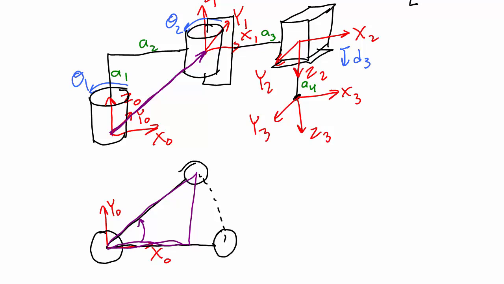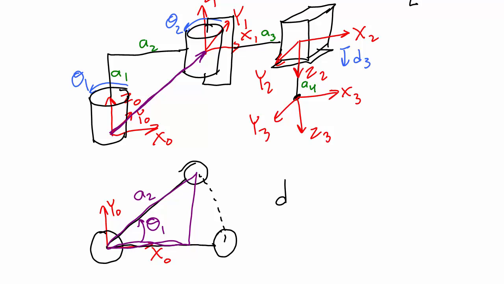This angle of the triangle is the rotation of the angle theta 1. And this distance right here is the same as this link length A2. From this, we can get the x and y displacements using the sine and the cosine.